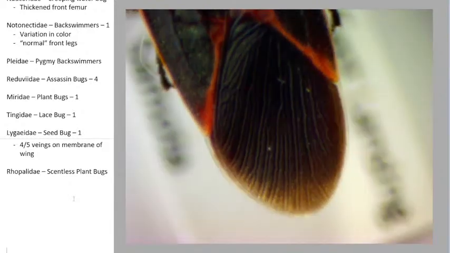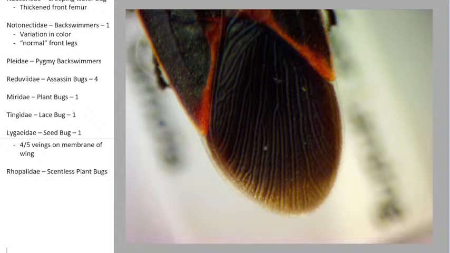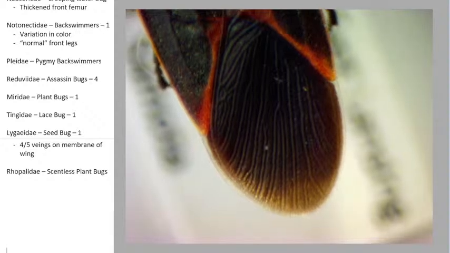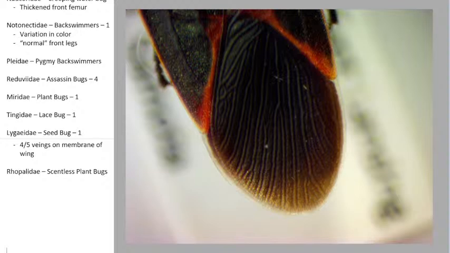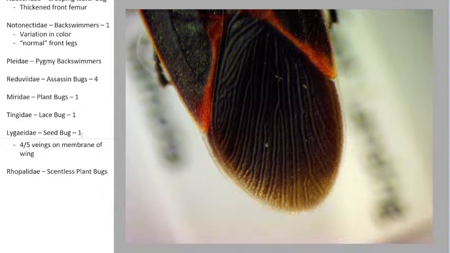Wow, check out, that's so pretty. Alright, check that out. So you'll notice that on our box elder bugs, or the scentless plant bugs, there are numerous veins all the way down the membranes of these hemielytra, right? So all of these veins are going to let us know that this is a rhopalid or a scentless plant bug and not a seed bug.